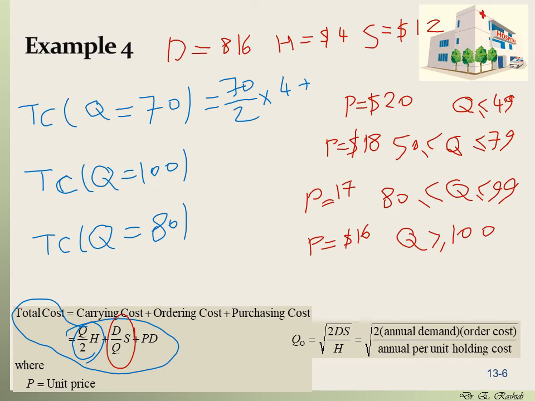I'm going to write it here as D, that's 816, multiplied by 12 divided by Q, which is 70, plus the third component, which is price multiplied by demand. So that's P multiplied by D here.